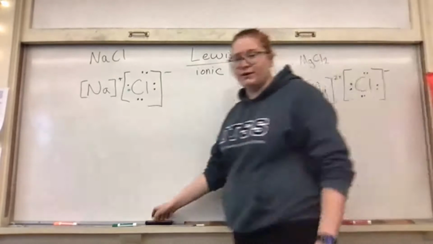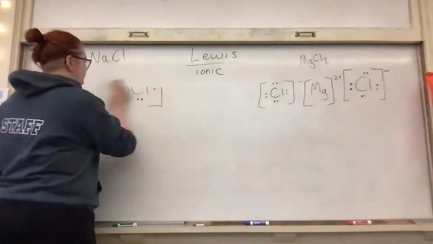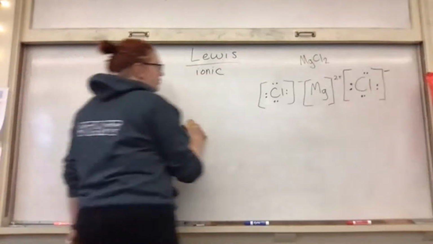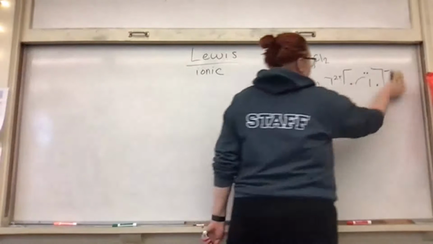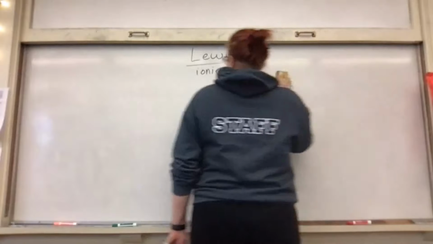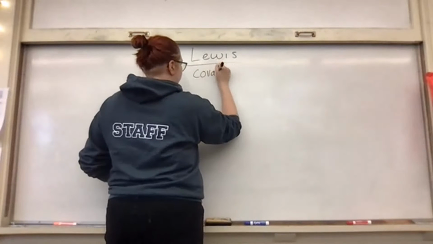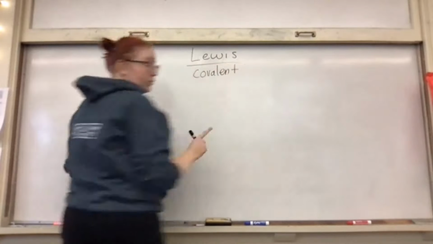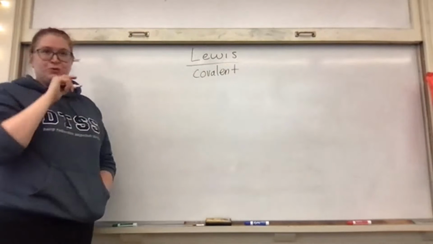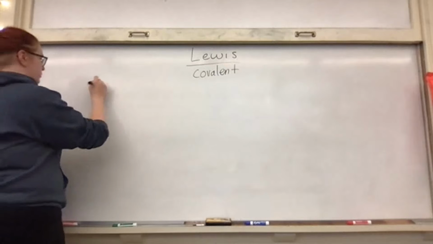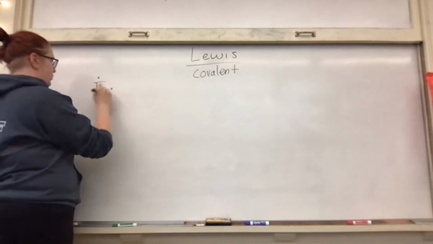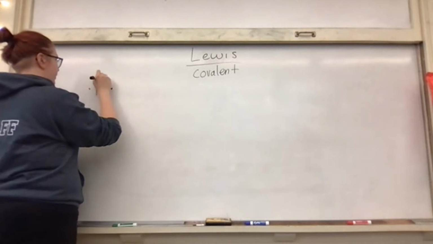Okay, let's move to covalent. Covalent compounds are much easier to draw in a Lewis diagram, in my opinion. So, first one we drew was fluorine. 1, 2, 3, 4, 5.